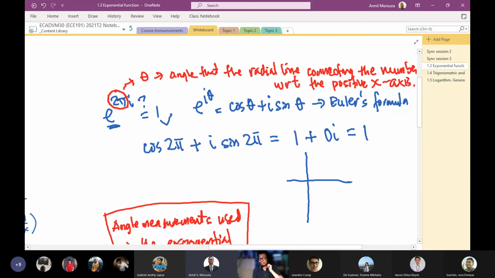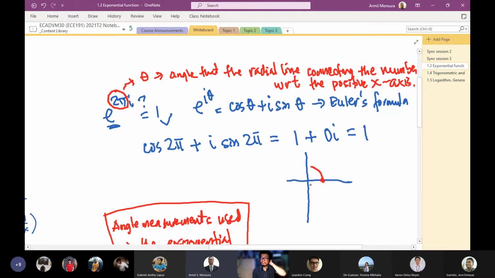So, yung angle na 2 pi, where can I locate that one? Dito sa coordinate system, saan ko siya makikita? Halimbawa, magsisimula tayo dito. Since positive yan, we have to go counterclockwise. So kung ang angle measurement ko is 2 pi, saan ako magtatapos?